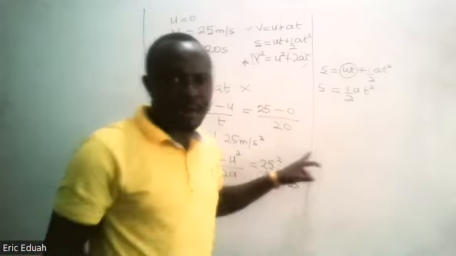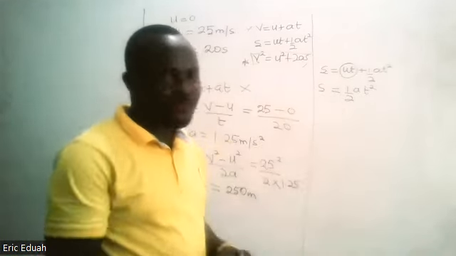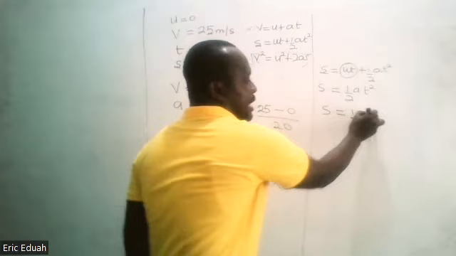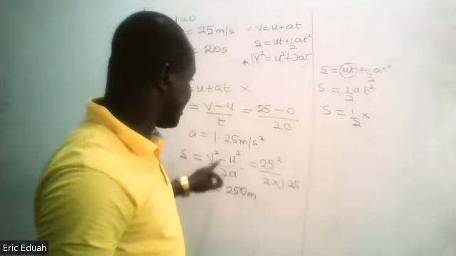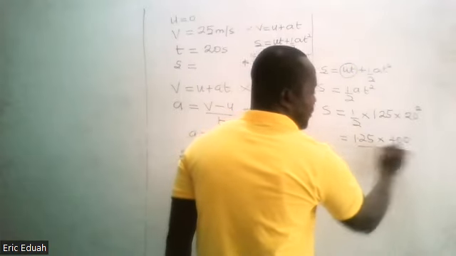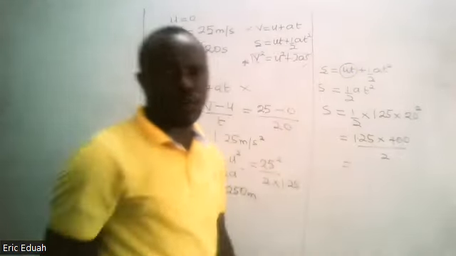So, we have found acceleration. Acceleration a is 1.25. So the square of the time, and the time is 20 seconds. So 20 plus 1.25 times 400 divided by 2. 20 squared is 400.